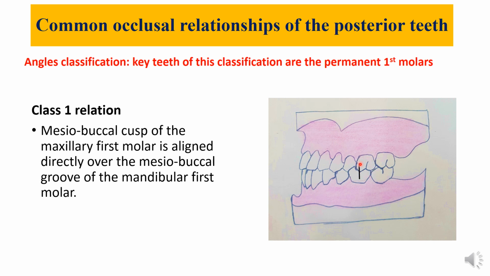The mesiobuccal cusp of the maxillary first molar is aligned directly over the mesiobuccal groove of the mandibular first molar, and that is the class 1 relation. Almost most of the people have class 1 molar relation, and it is supposed to be the normal relation.